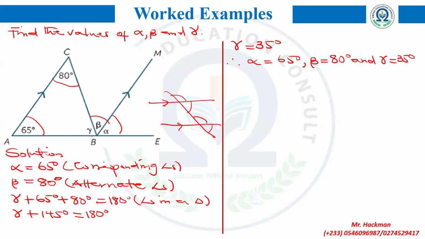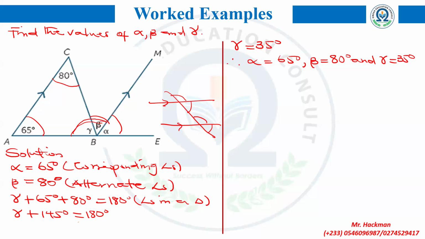It is allowed. In the same way, someone can also take this angle here and this angle as co-interior angles, because these parallel lines, this and this are parallel lines. So this becomes a transversal. So in this case, this angle and this angle, they are co-interior angles. And once they are co-interior angles, they should add up to 180.